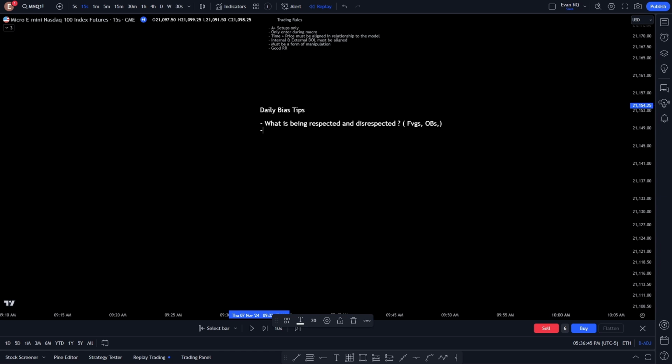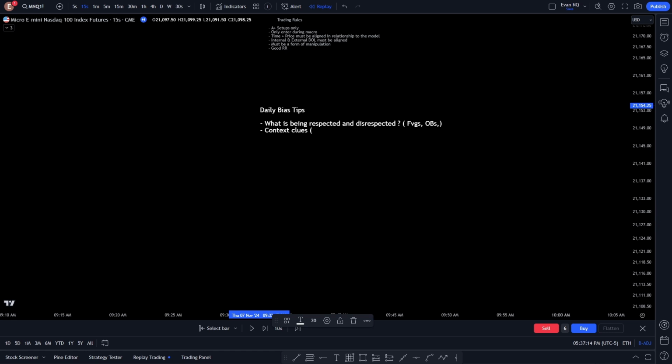The second thing that helped me find my daily bias on the higher time frame is context clues. What do I mean by context clues? What is happening on the higher time frame?